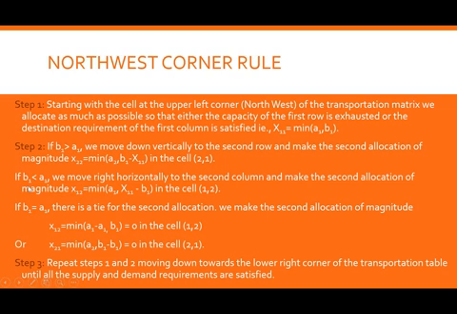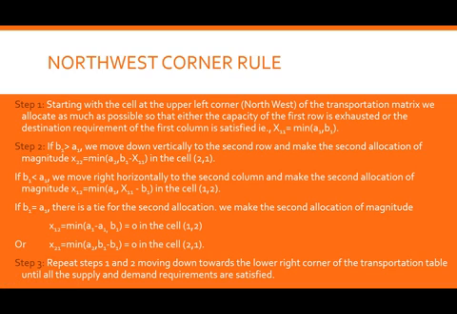If the capacity was more and the demand was less, that is B1 less than A1, we don't move down, but we move horizontally to the right. We move right to the second column and make the second allocation at x12, which will be the minimum of A1 minus x11 and B2 in cell 1,2.